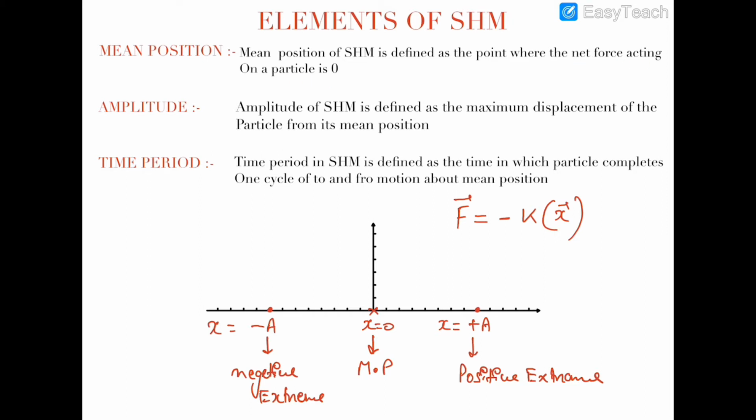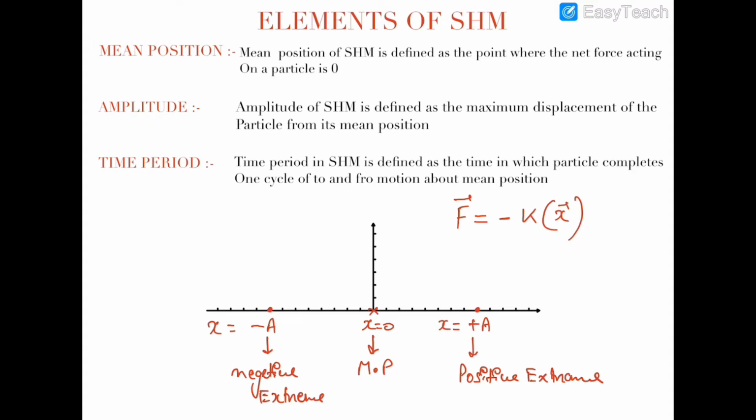So let us discuss the mean position by this force. We have already discussed that this force creates a simple harmonic motion on a particle which is placed on the x-axis. You can see that this force would be zero at a point where x is 0.